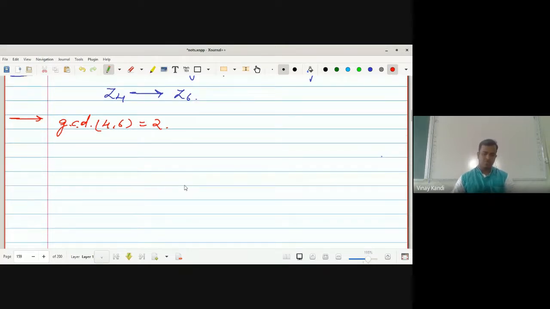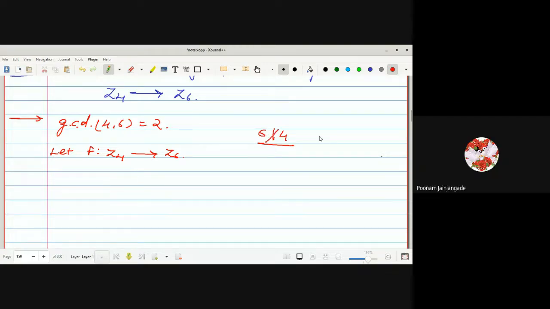Okay, now let f be the mapping from Z4 to Z6. Whether 6 divides 4 or not? No, sir. 6 divide करते का पूरा? No. Hence 6 does not divide 4.